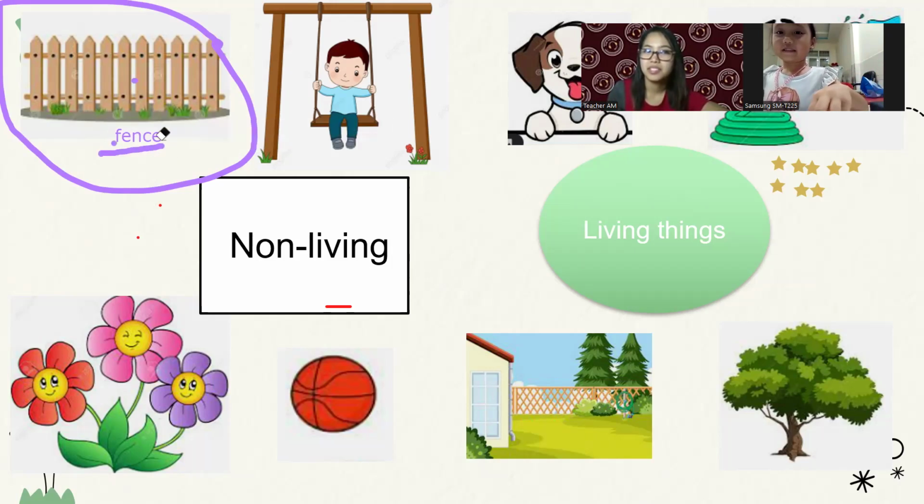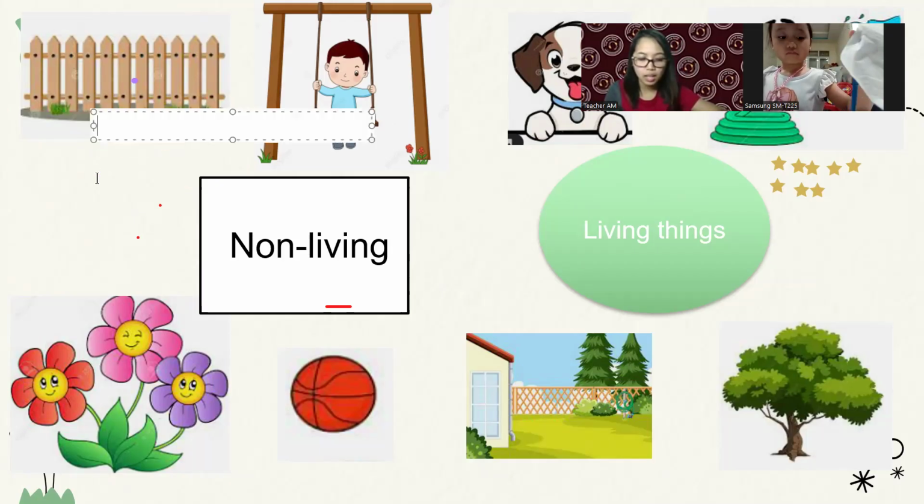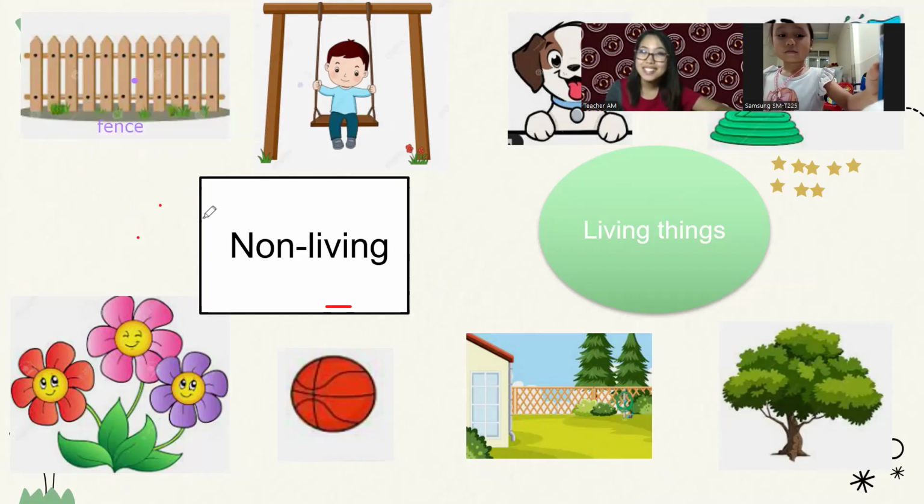Fence. Okay, so it's like a boundary that we put in our area so that other people will not cross. It's a fence. Now, do you have some fence in your property or in your house or outside your house? Yes.